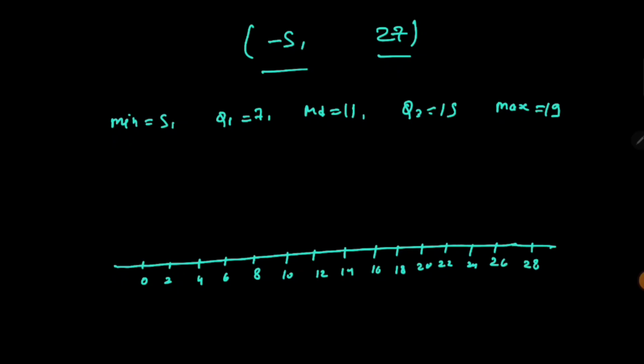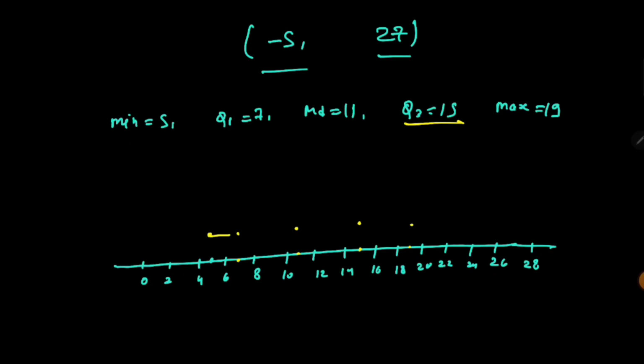Now we know that our minimum is 5, so 5 will be here. Then our Q1 is 7, so we're gonna write it here. Our median is 11, so we're gonna plot it here. Our third quartile is 15, so it will be here. And then our maximum is 19, so it will be here.